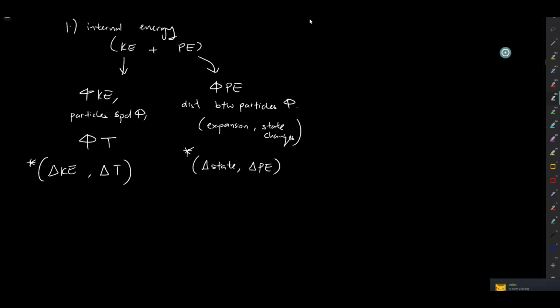For H7, H9, I think Madam Ajan didn't really talk about PE, which is fine, but she used the word internal energy. So you can treat PE like internal energy, because PE is part of internal energy. If PE increases, obviously internal energy increases. So this is the idea of KE and PE.